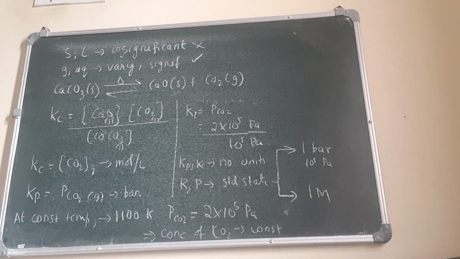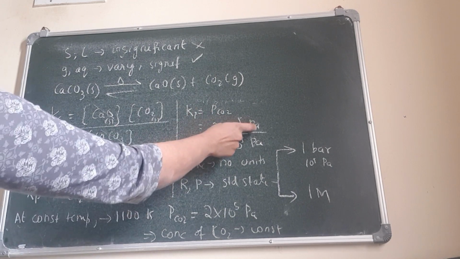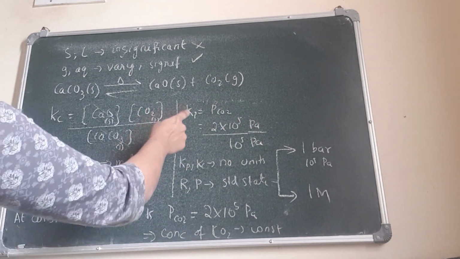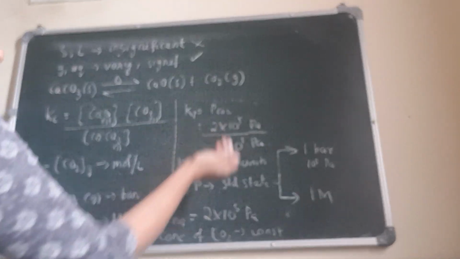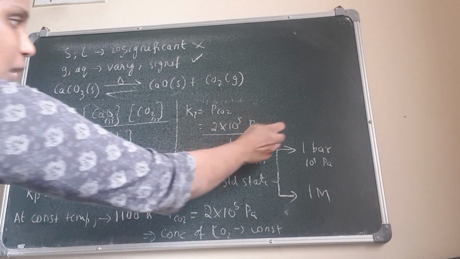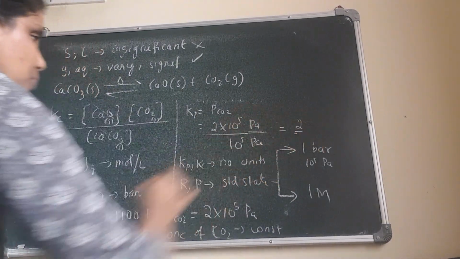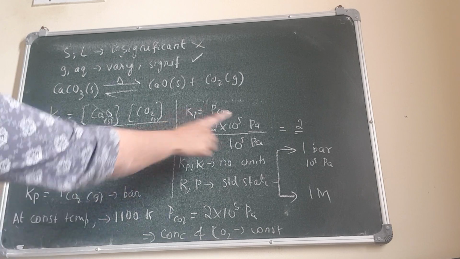If we do not consider standard state, then it will have a unit. So when we say that a reactant or product is in its standard state, it will be at 1 bar pressure, so you divide by 1 bar. Now this gets cancelled. It is just going to be 2. Okay, so we say that Kp is 2 here.